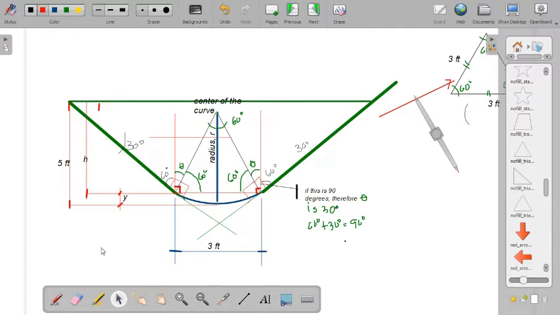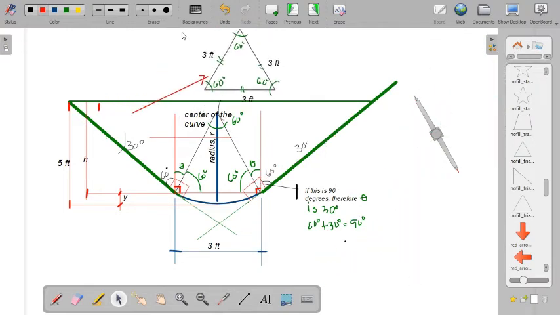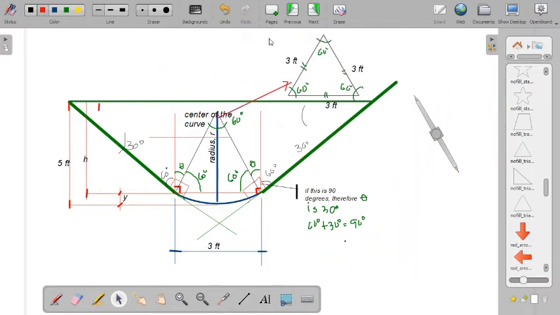Okay. So kasi ang edge natin is height, no, of the trapezoid. So it has to come from the base. So ito yung center ng ating curve. So dito makikita natin ngayon ang ating triangle.